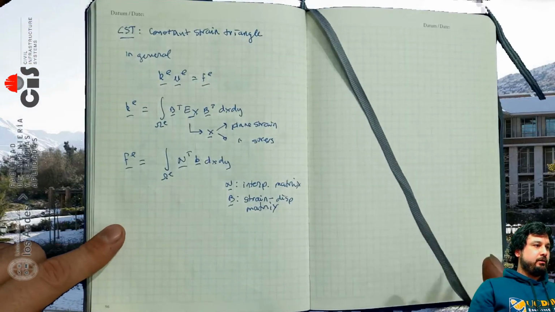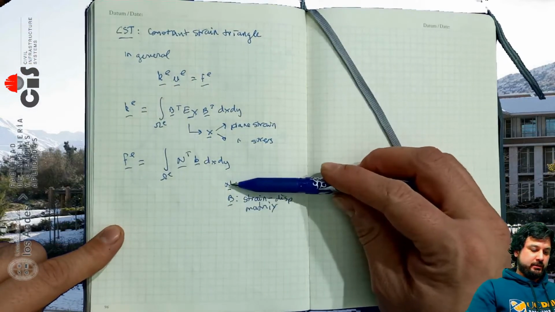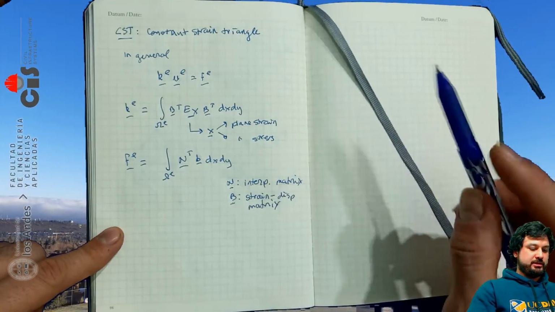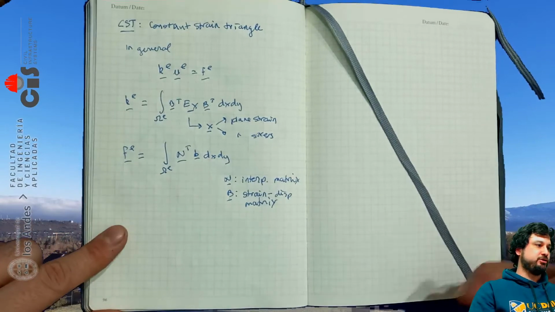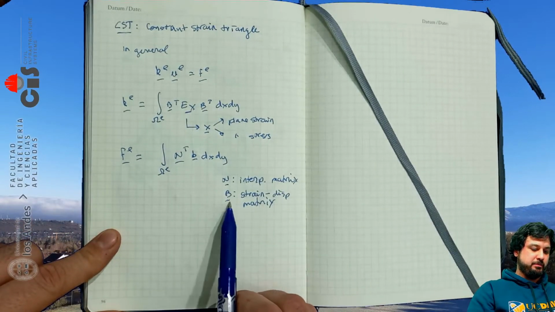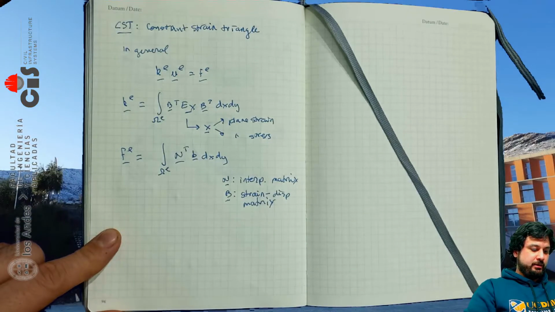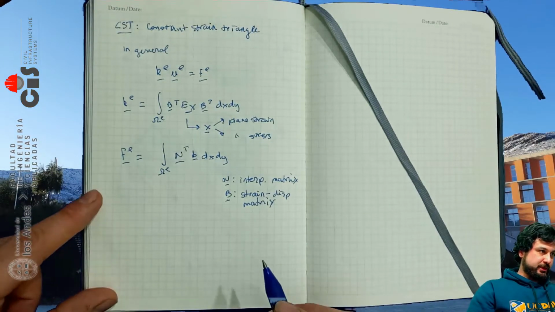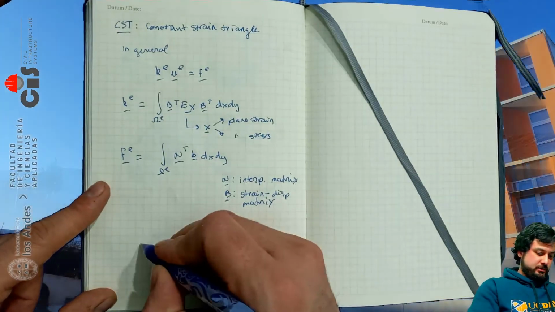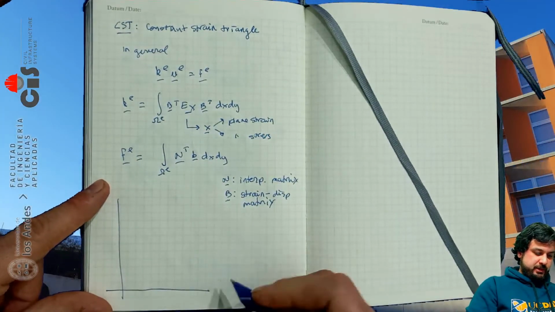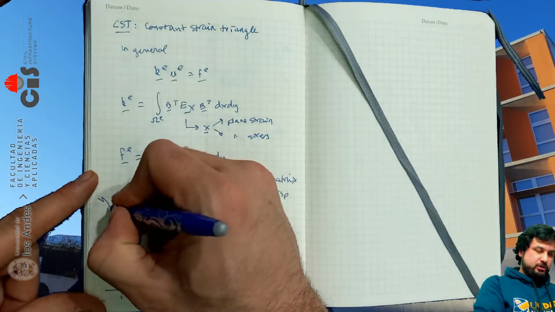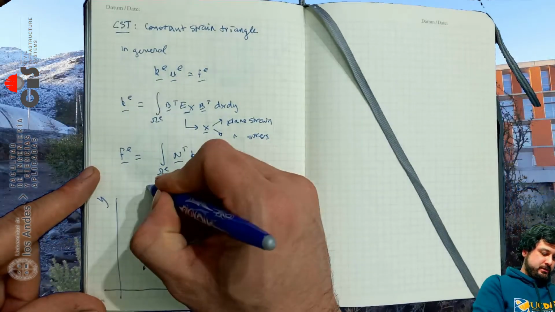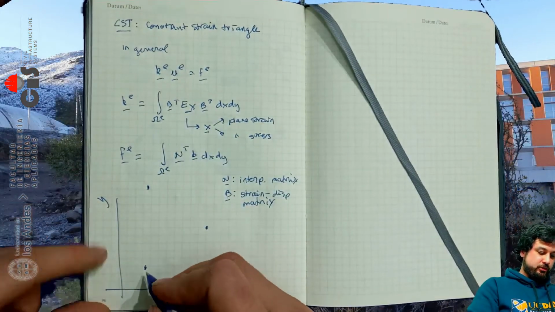Okay, we're going to give specific expressions for these matrices at this point. So let's start by specializing for the constant strain triangle elements and finding out what N and B are, so we can derive the equations for the stiffness matrix and the equivalent force vector. So we're going to have a triangle. Let's specify global xy coordinates, and you have 3 points that define the corners of the element.